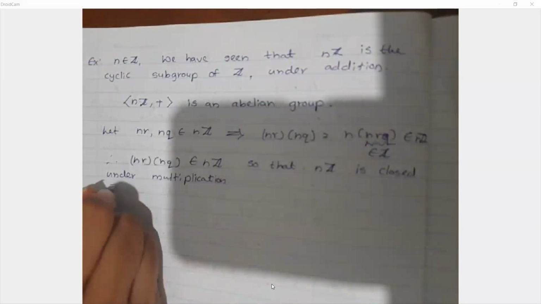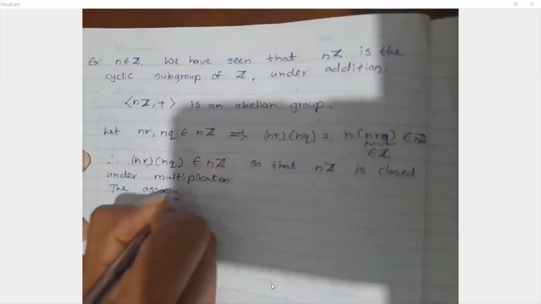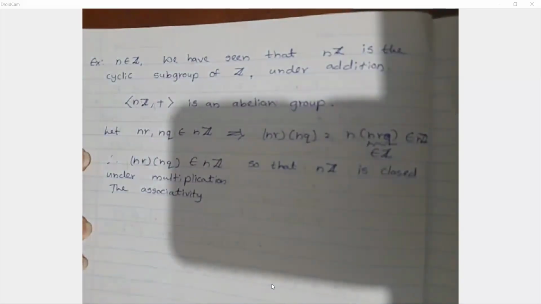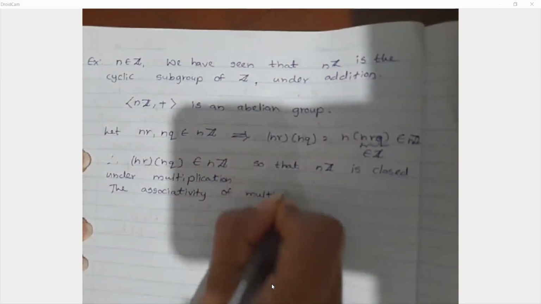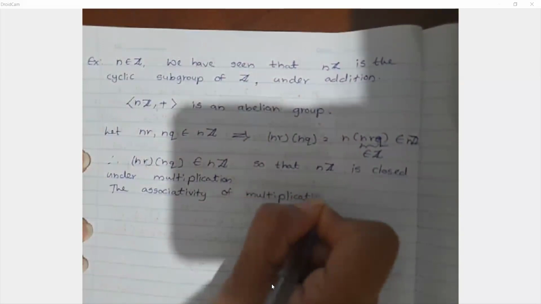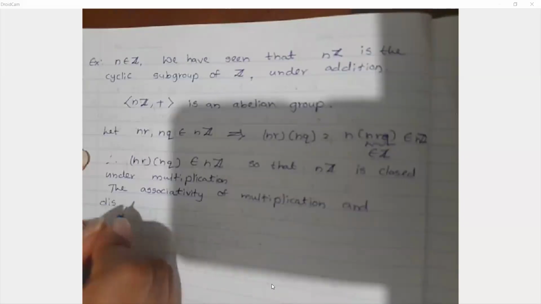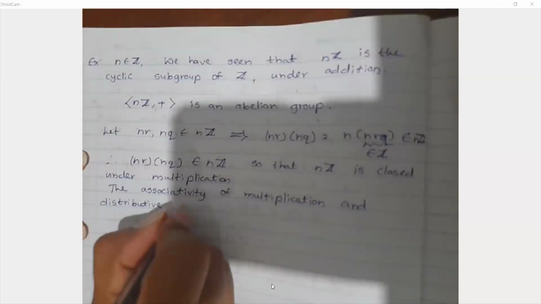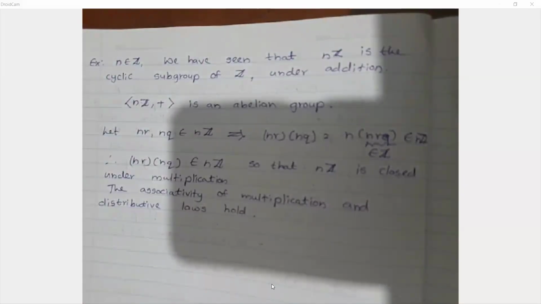So I will simply write associativity of multiplication and distributive laws hold.